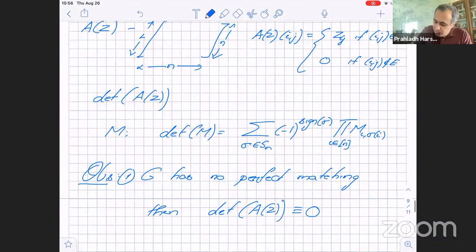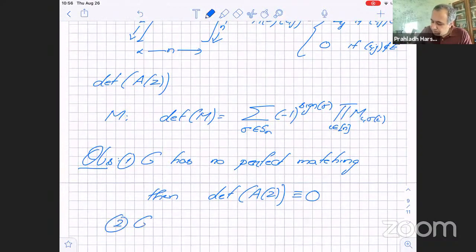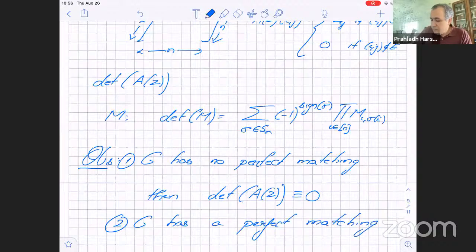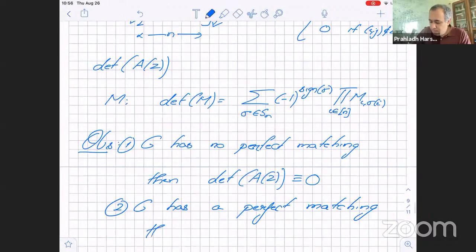But on the other hand, if G has a perfect matching, then could it still become identically 0? Can there be cancellations in it? If there's no perfect matching, of course it is identically 0.